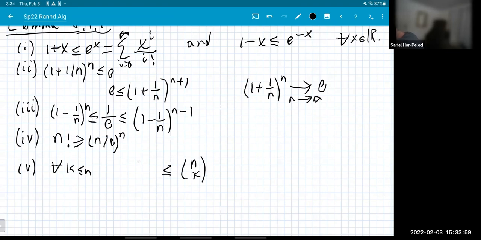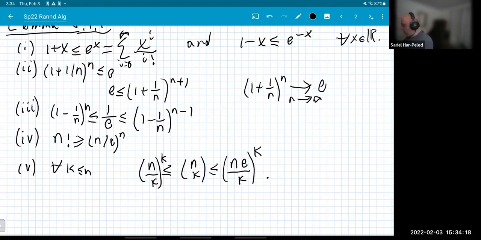It is smaller than n over k to the k, and this is smaller than n times e over k to the k. So this is a pretty good estimate of the binomial coefficient, and it would be enough for a lot of our applications. In particular, it would be good for the application we are going to do today.